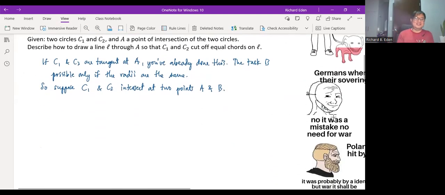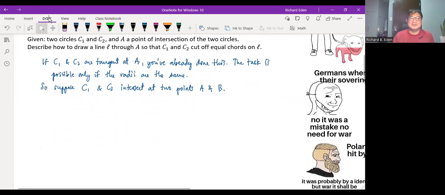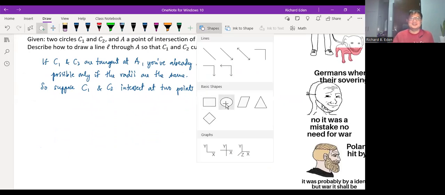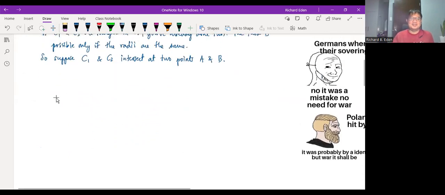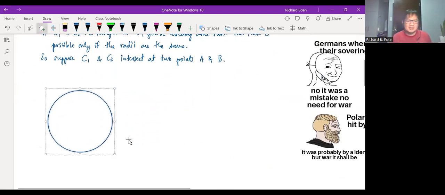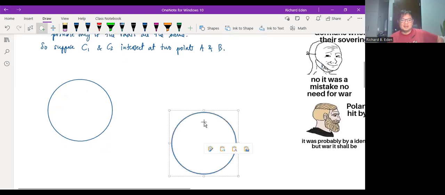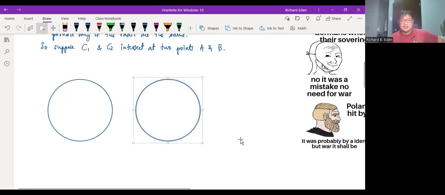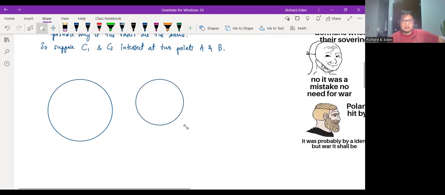So suppose C1 and C2 intersect at 2 points A and B. Let's use the shapes. And then, to be general, let's assume that they have different sizes, but later on we'll see if that has any bearing or impact.